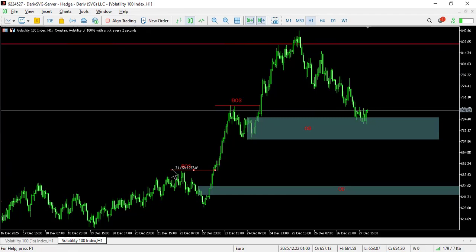Sorry, the break of structure. And then adjusting that break of structure, looks like price is at this order block.